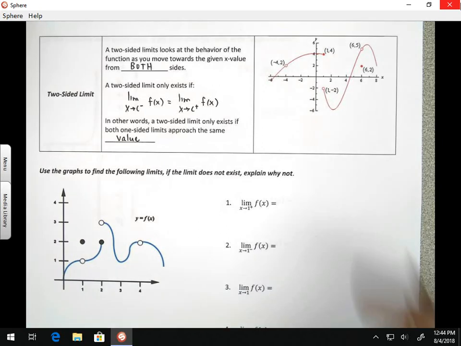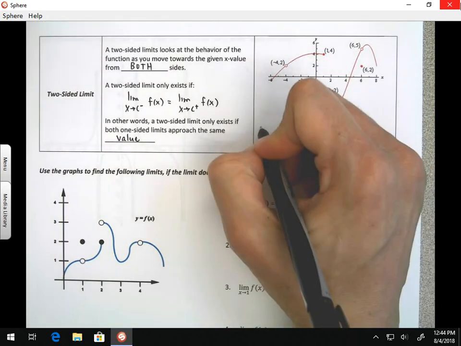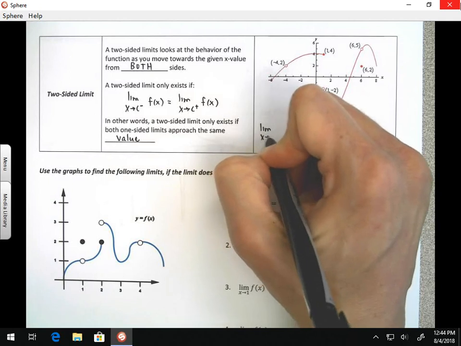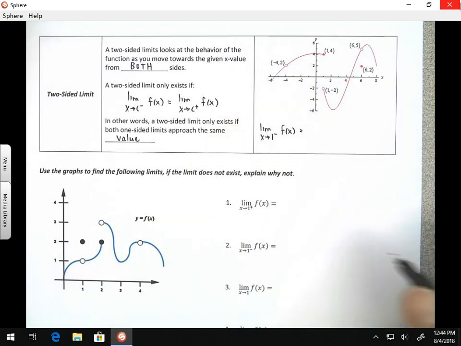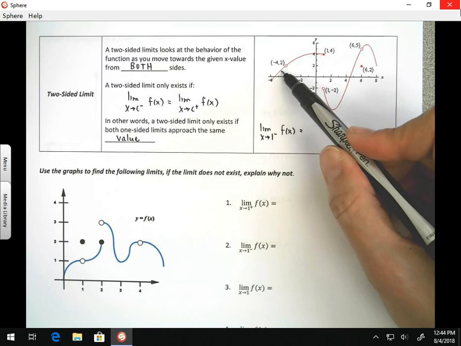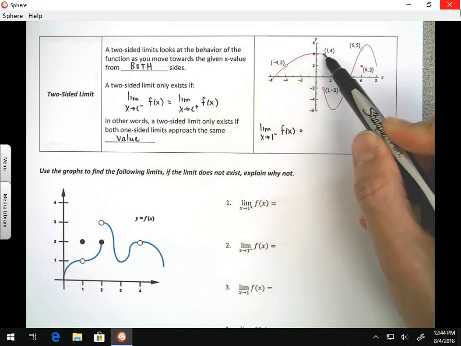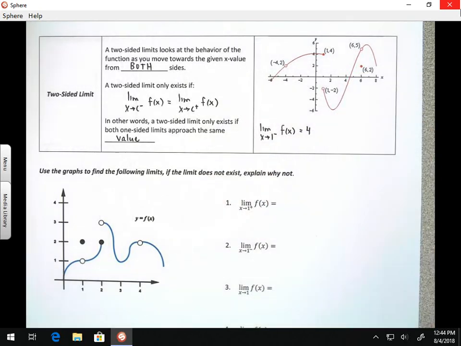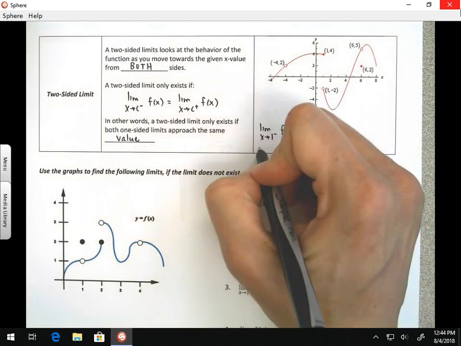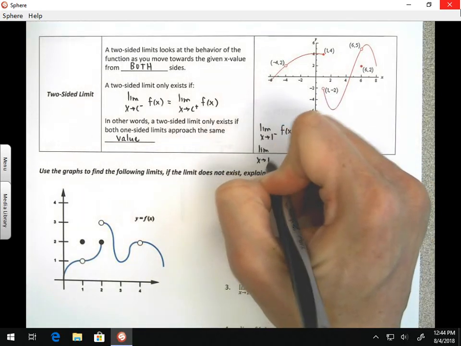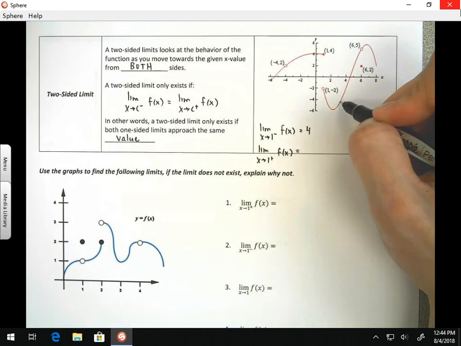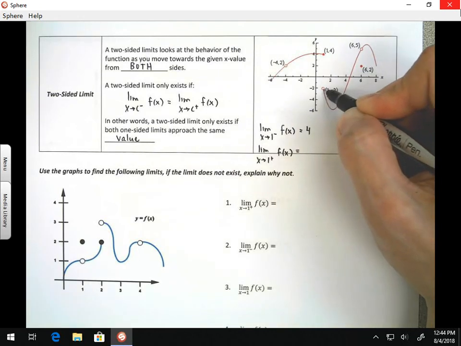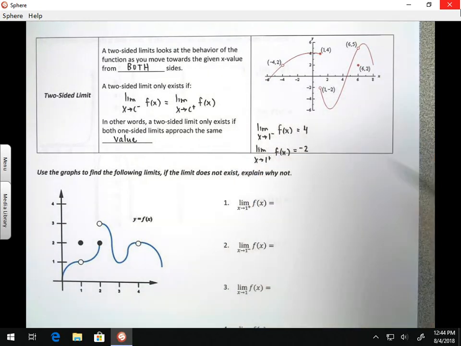So let's look at an example here. Let's look at the limit as x approaches 1 from the left. If I look at this graph, coming from the left of 1, I'm approaching a y value of 4. So I know my one-sided limit is 4. Now the right-hand limit, x approaches 1 from the right of f of x. As I'm approaching 1 from the right side, the y value I'm approaching is -2.